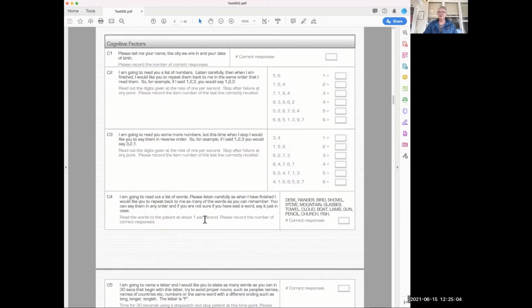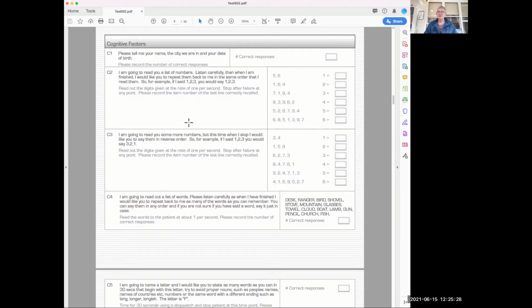I'm now going to demonstrate to you how we actually conduct this test. The first thing is, it can be done face-to-face or via the telephone, and that's been validated. Secondly, ensure that your patient is comfortable and not rushed. Speak slowly.